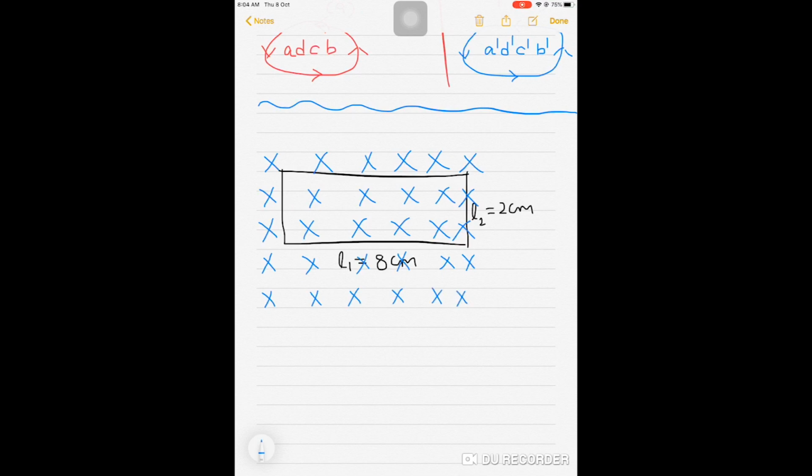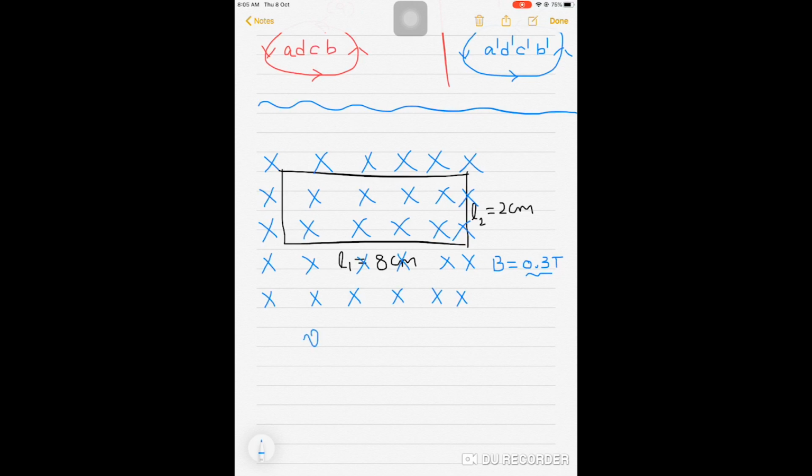Now here it is given that the magnetic field value B is 0.3 Tesla. It is directed normal to the loop. What is the EMF developed across the cut if the velocity of the loop is 1 centimeter per second?